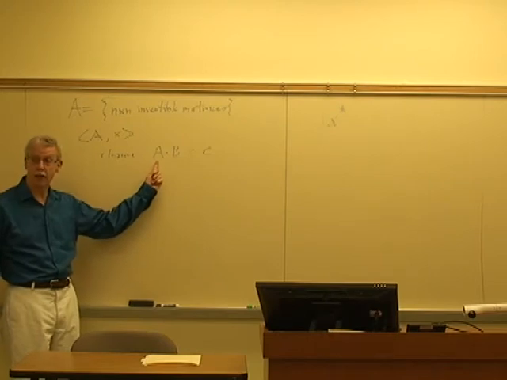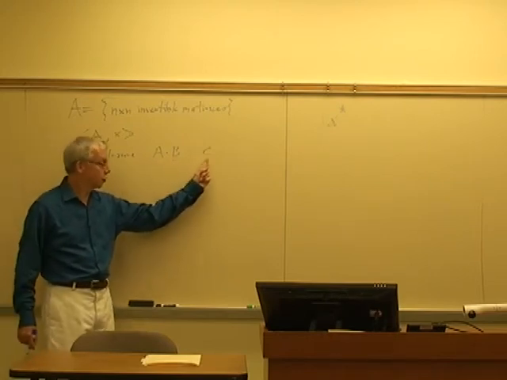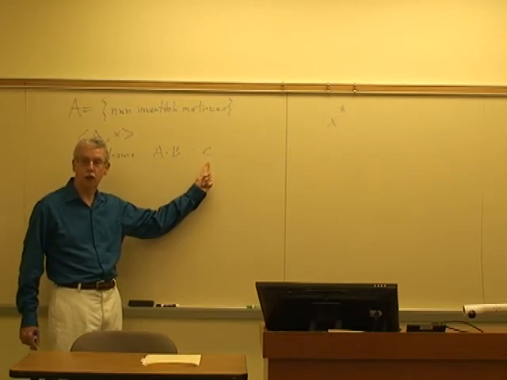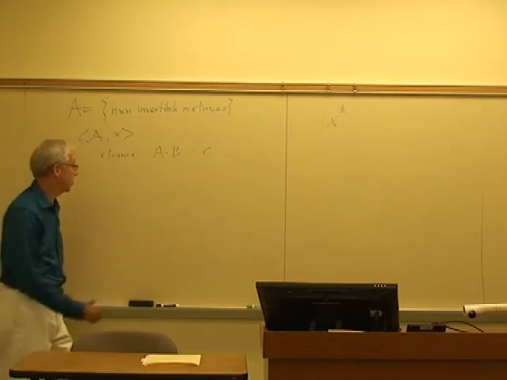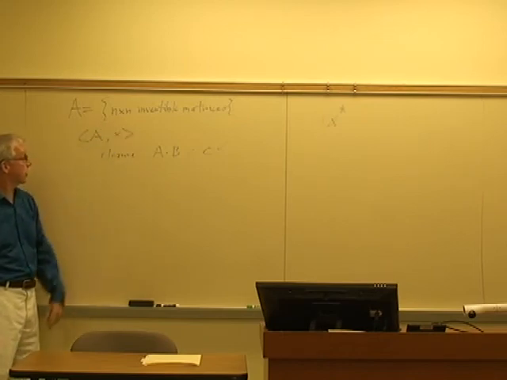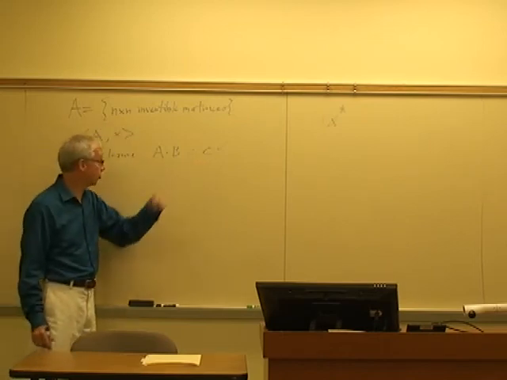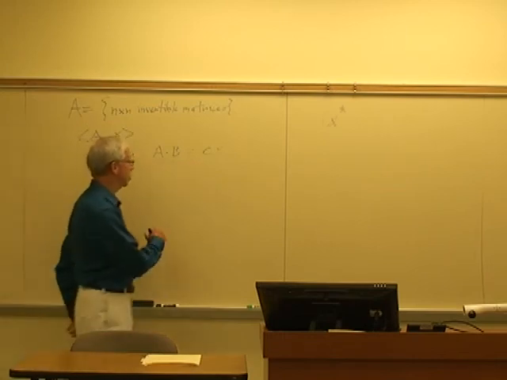So if the determinant of A is not 0, and the determinant of B is not 0, the determinant of the product is the product of two non-zero numbers. So its determinant is not 0. So the product of invertible matrices is invertible. And if I multiply two n by n matrices together, I get an n by n matrix. So yes, the product of invertible matrices is invertible. You can prove it actually.